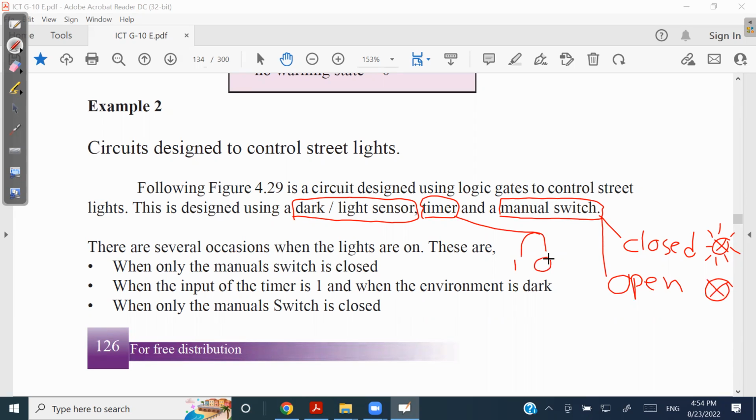And the sensor's two states are dark and light. So dark can be taken as 0, light can be taken as 1. Right? So likewise we can argue. But in the latter part, they have described what kind of situation these things are going to have. Right? So I'll give you this rough idea.